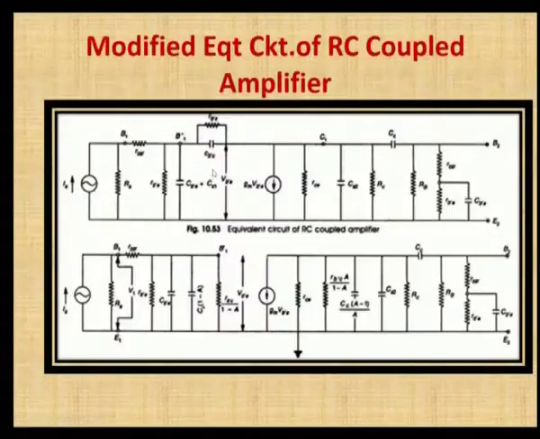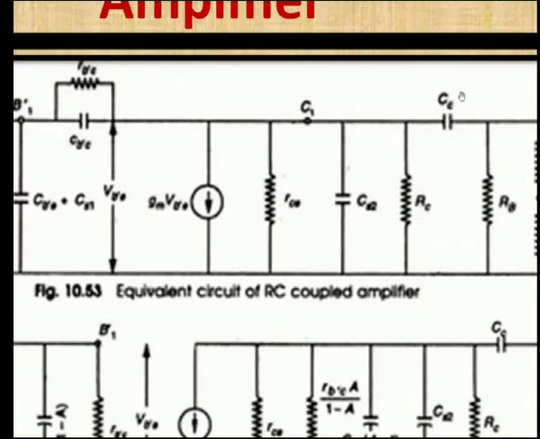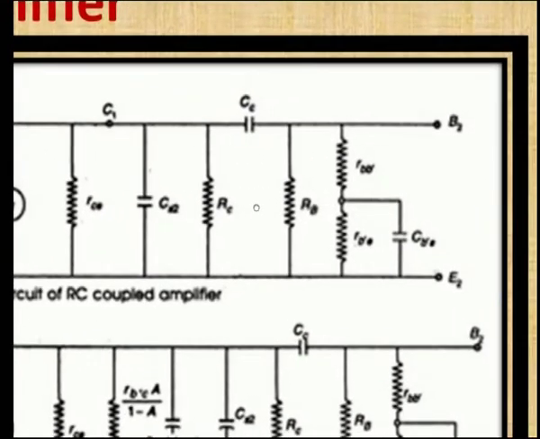So if you want to study the frequency response, you have to analyze the circuit in its AC equivalent model, and this is the equivalent circuit of the RC coupled amplifier, the hybrid pi model. Here, when you look at the circuit, this C suffix C is the coupling capacitor.